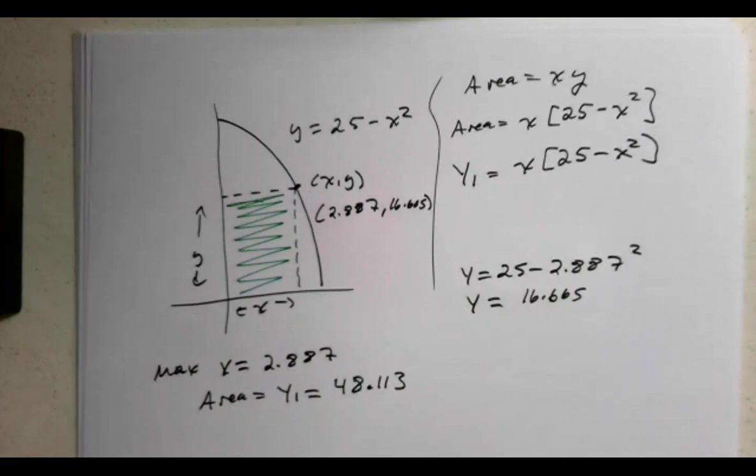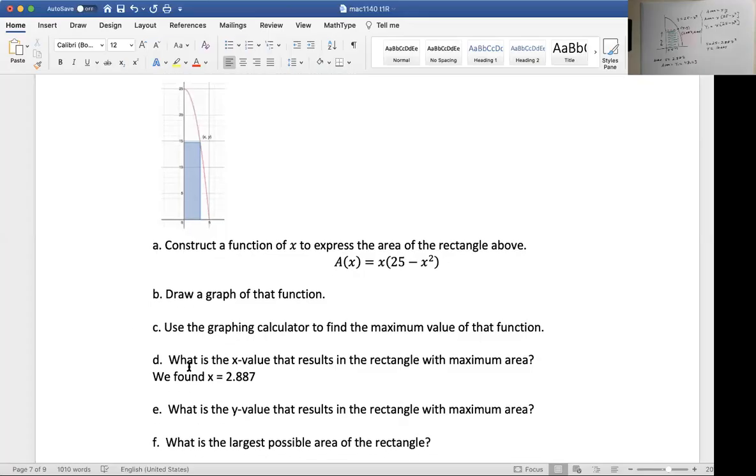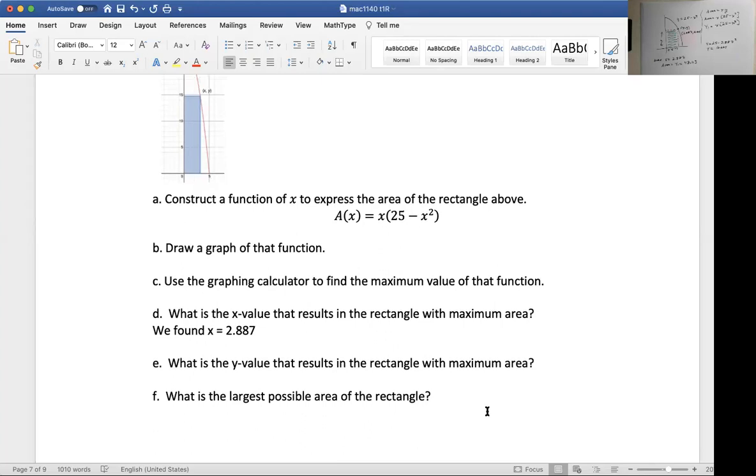So we go back and look at our questions again. Y value that results in a rectangle with a maximum area. We found y equals 16.665.